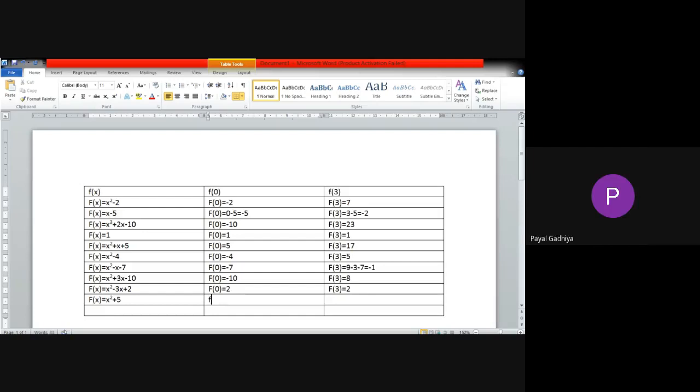Yes, whenever you put the value 0, f of 0 equals 5. And f of 3 is equal to 14. Very good, Shivani. Okay, who is next?